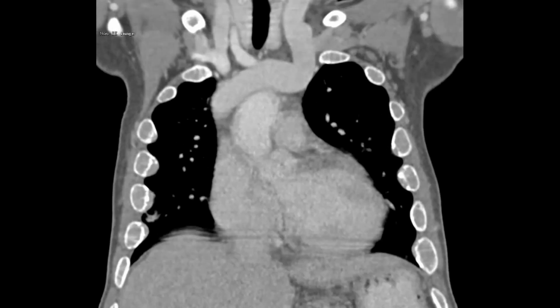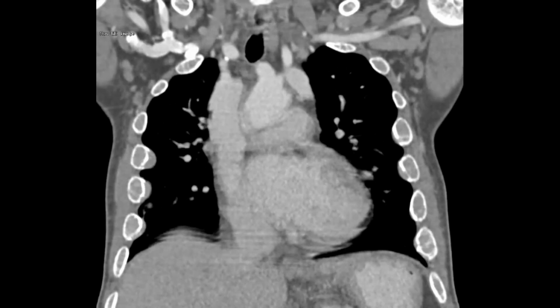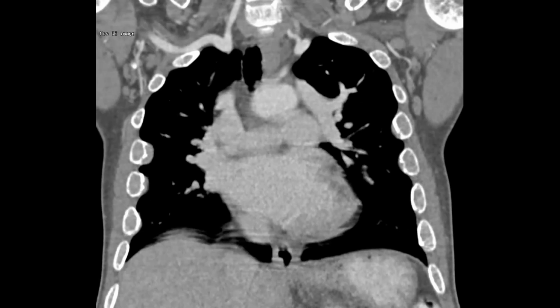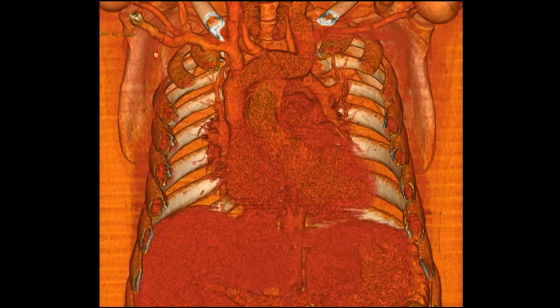And this here is the coronal reconstruction. This is the anomalous vein going to the innominate vein. And this is the same in the three-dimensional reconstruction.